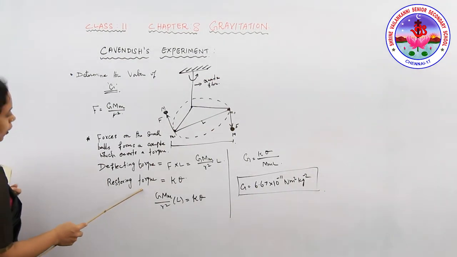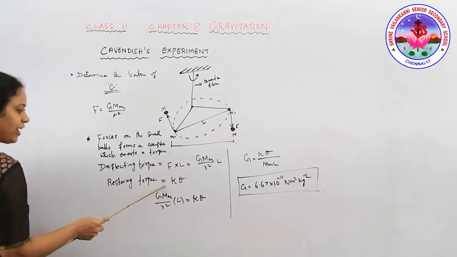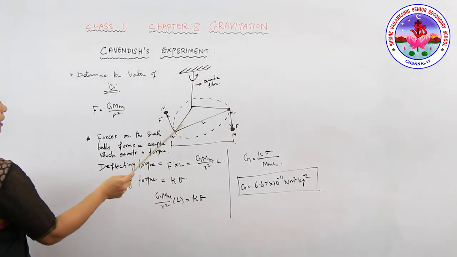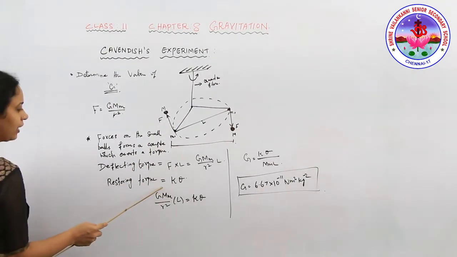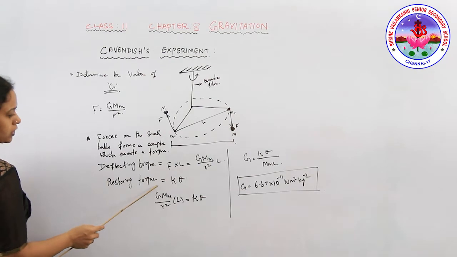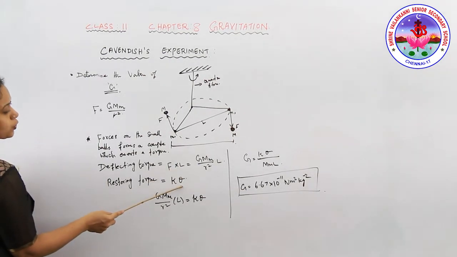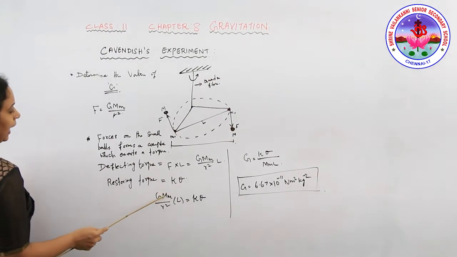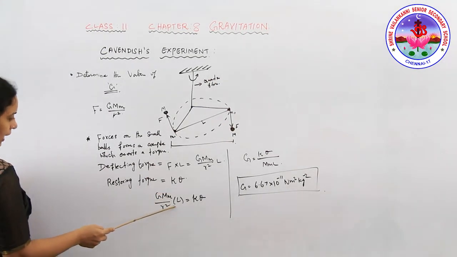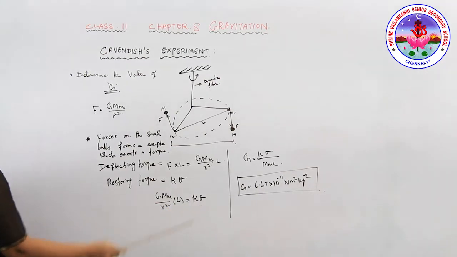This restoring torque is always directly proportional to the angle, so the restoring torque is equal to k theta. We can compare these two torques. We get G M m by R square into L equal to k theta.